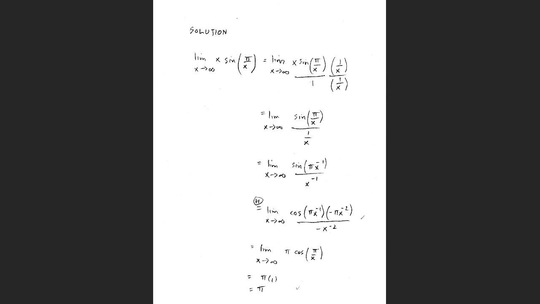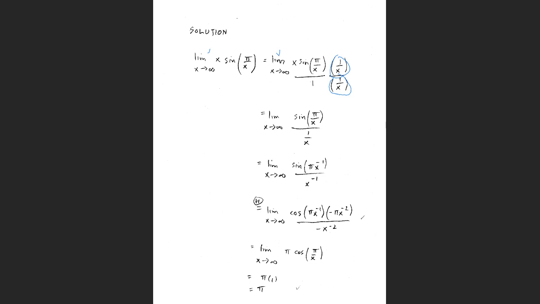All right. So what I'm going to do is get a ratio of two functions. You notice I have the limit of x times the sine of pi divided by x equals the limit of x times the sine of pi divided by x over 1. I keep the limit there because I haven't taken the limit yet. What I'm going to do is multiply by 1 over x in the numerator and 1 over x in the denominator.